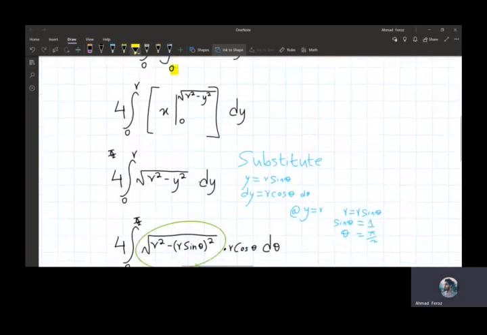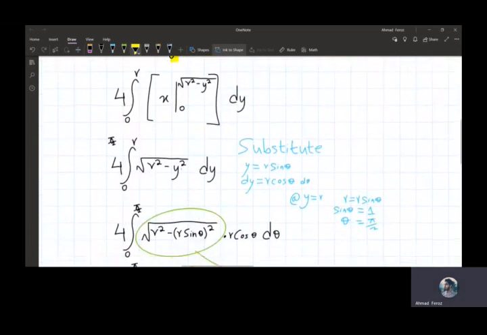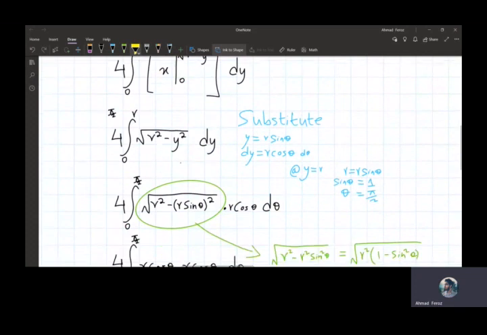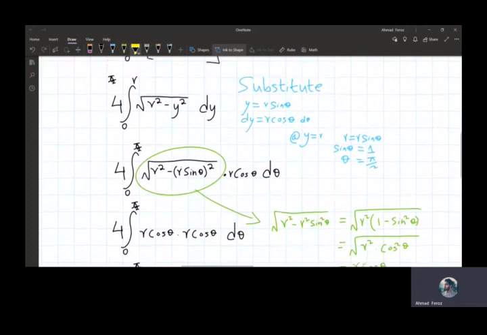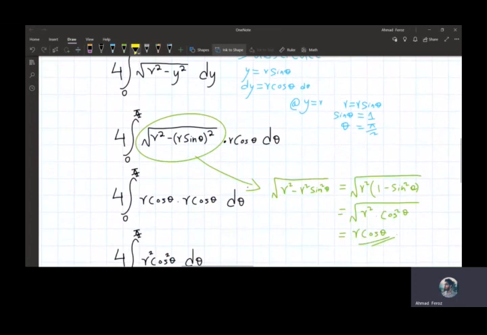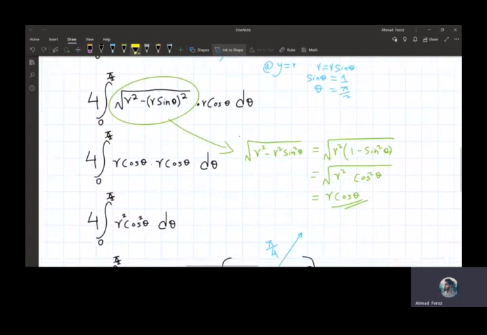Now, when we reach this stage, to make the integration a little bit easier, we can use trigonometric substitution. Over here, we substituted y for r sine theta, and when we resolve this whole thing, it eventually resolves down to r cos theta.